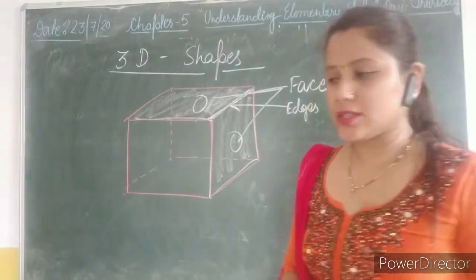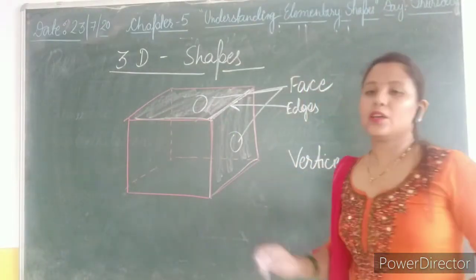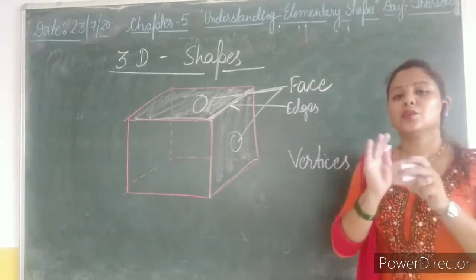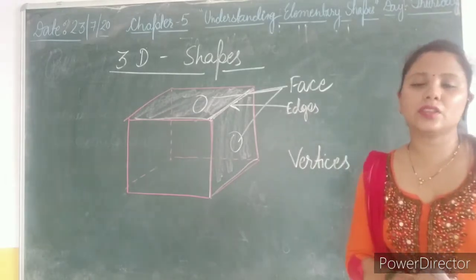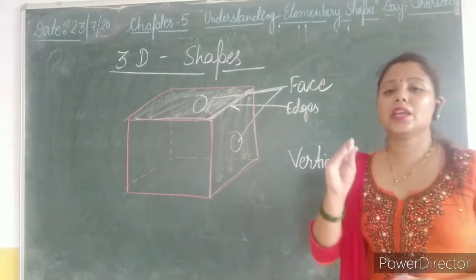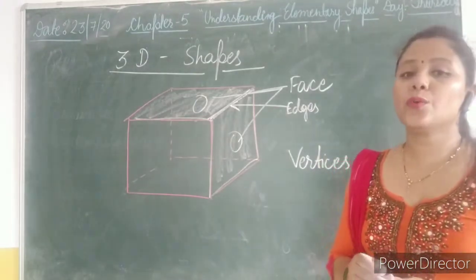Next one is vertices. Okay. So where 2 to 3 edges join together or meet with each other. Okay. So that is your vertices. जहाँ पर आपकी 2 और 3 edges आपस में मिलती हैं, that is your vertices.